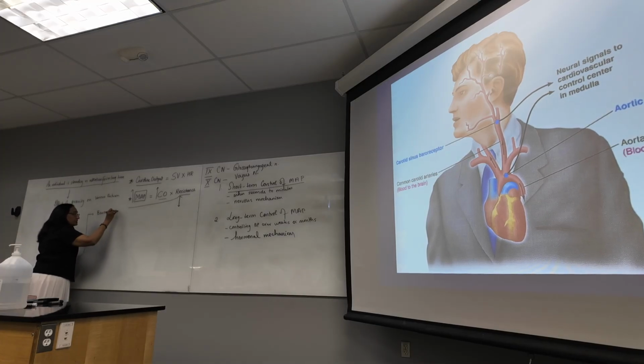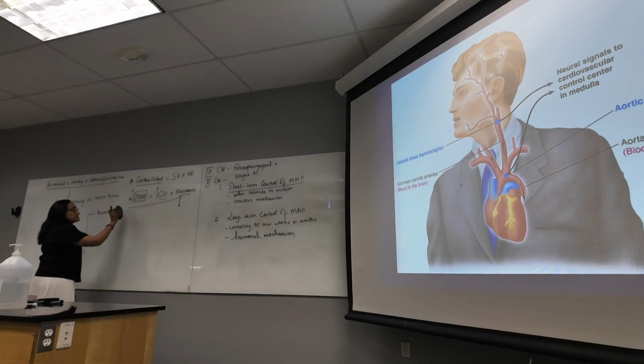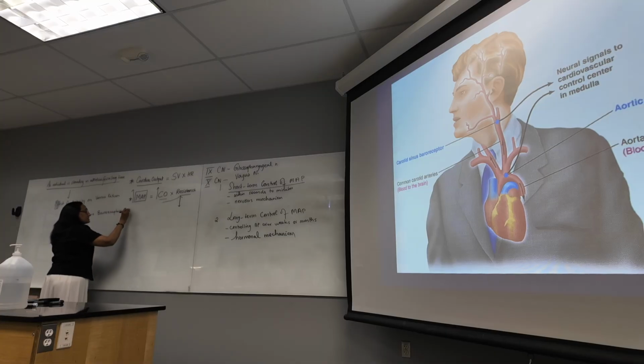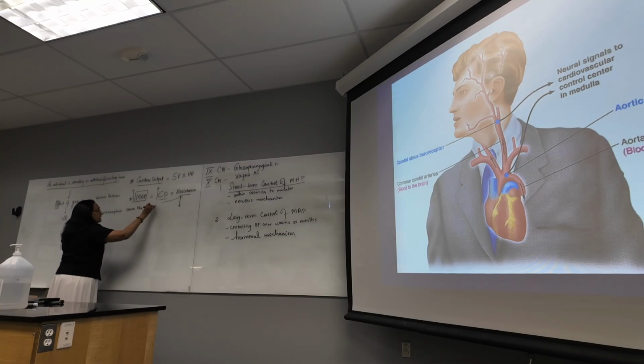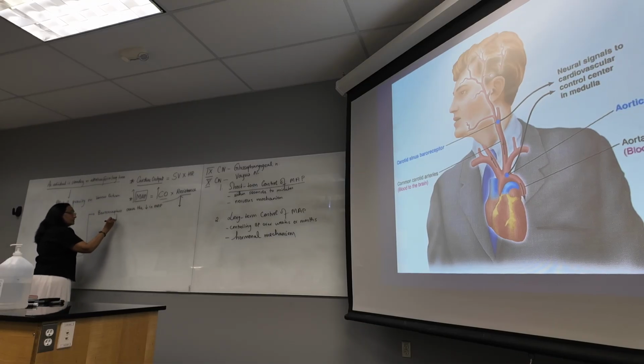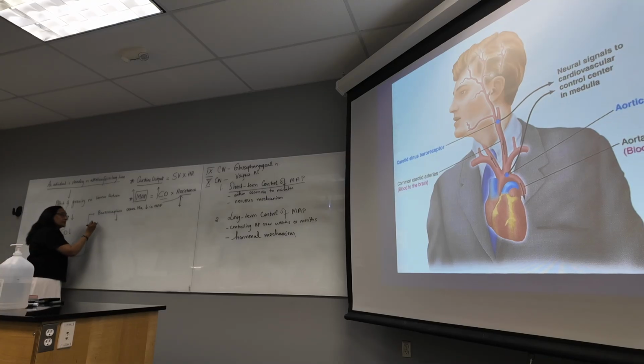When I say baroreceptors, it includes both the carotid sinus and the aortic arch. Baroreceptors sense the decrease in mean arterial pressure. So this information gets relayed to the cardiovascular center.